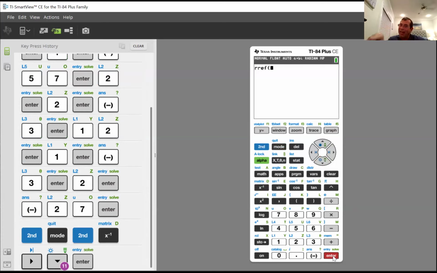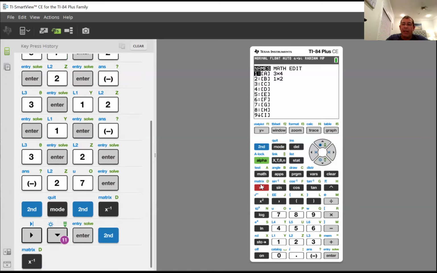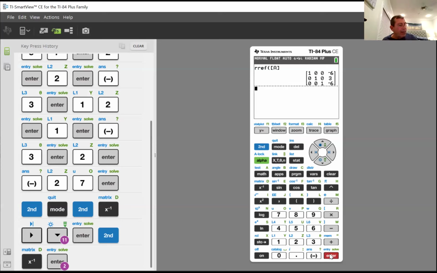And then for the third time, remember, go back to the matrix, second x -1. But this time I'm just going to hit enter, because I usually keep all my matrices in A. So I'm going to hit enter, and then enter to get my final answers on the right column. And I got what, a -6, 3, -6.